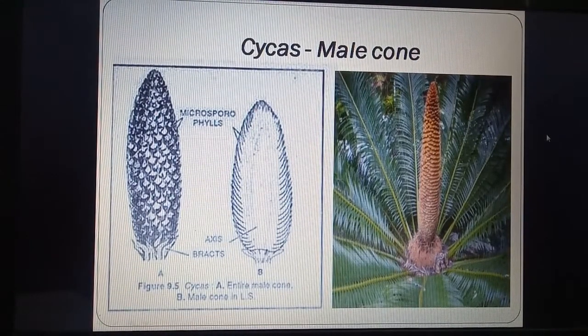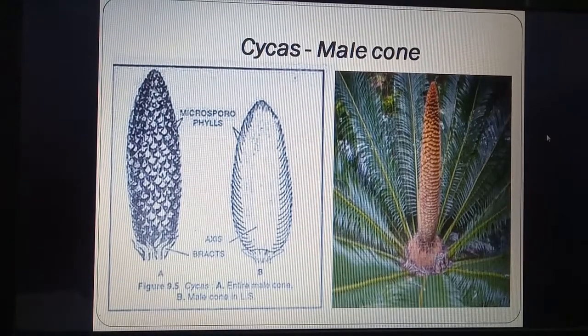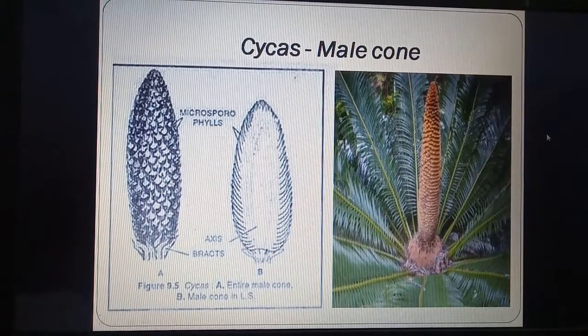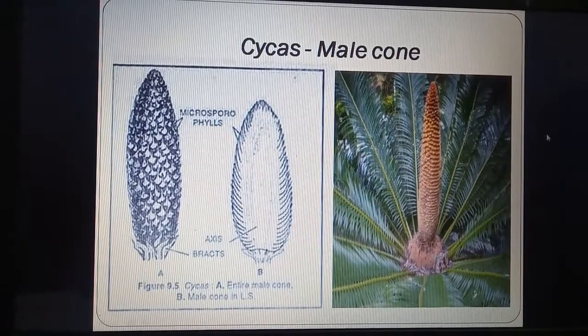In the figure on the left side we can see the entire male cone, which has bracts or leafy parts at the bottom and a microsporophyll, and in figure B we can see the male cone LS. So it has many leaves. And on the right side we can see a photograph of the male cone. So it has many microsporophylls, or very small leaves, which produce male gametes.